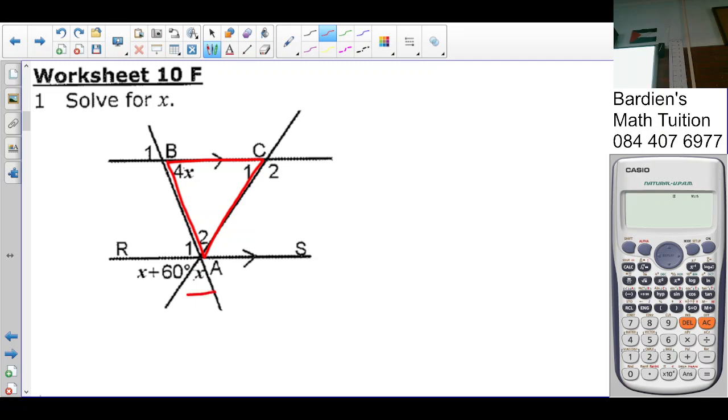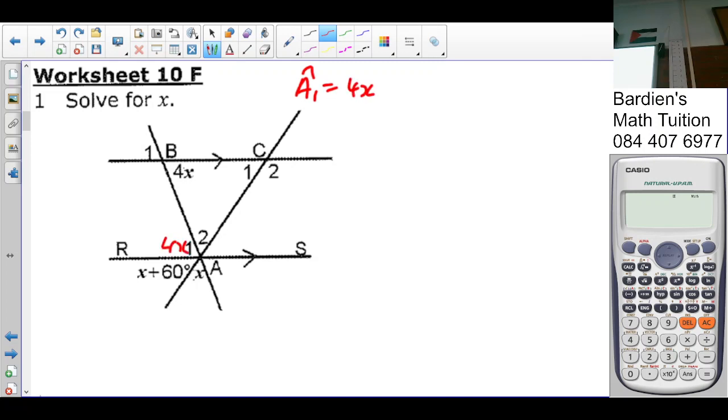However, I can go with angles on a straight line, but I'm just shorting A1. Don't we know the size of A1? Yes. What's the size of A1? 4x. So we say A1 is equal to 4x.